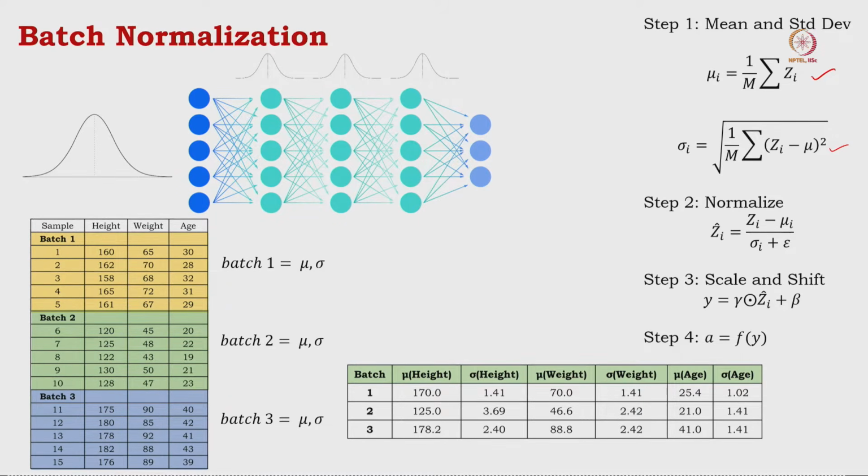How? We take a value, subtract the mean, and divide by the standard deviation plus some constant value. For example, 160 minus the mean, divided by the standard deviation plus a constant. Then 162 minus the mean, divided by the same. Similarly, you normalize all the values, so that irrespective of the batch, the input passed will have the same distribution.